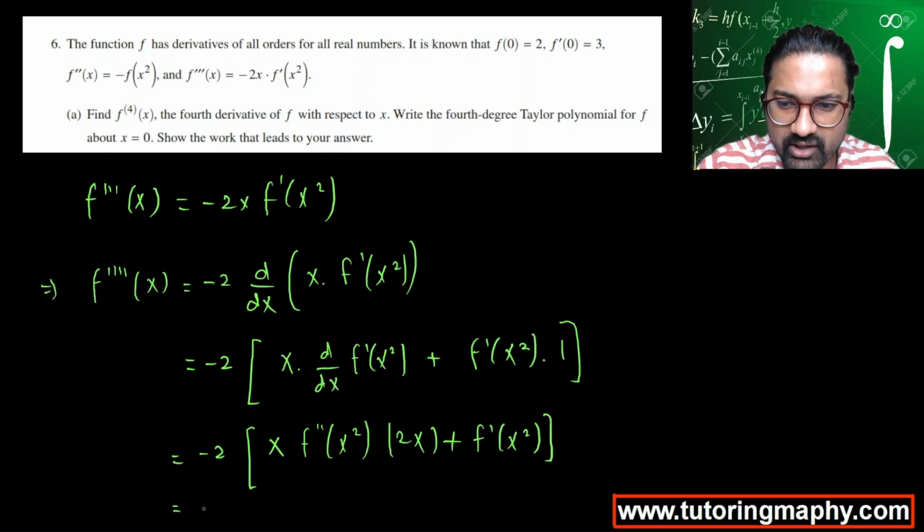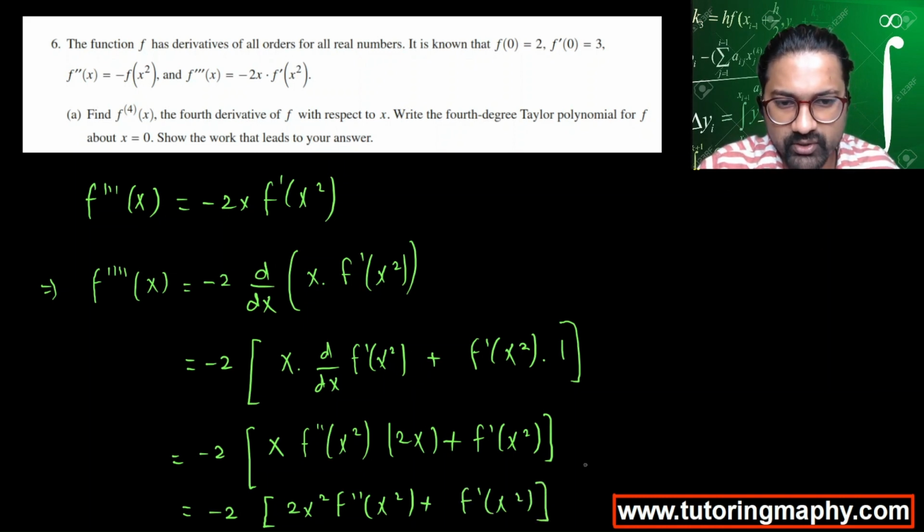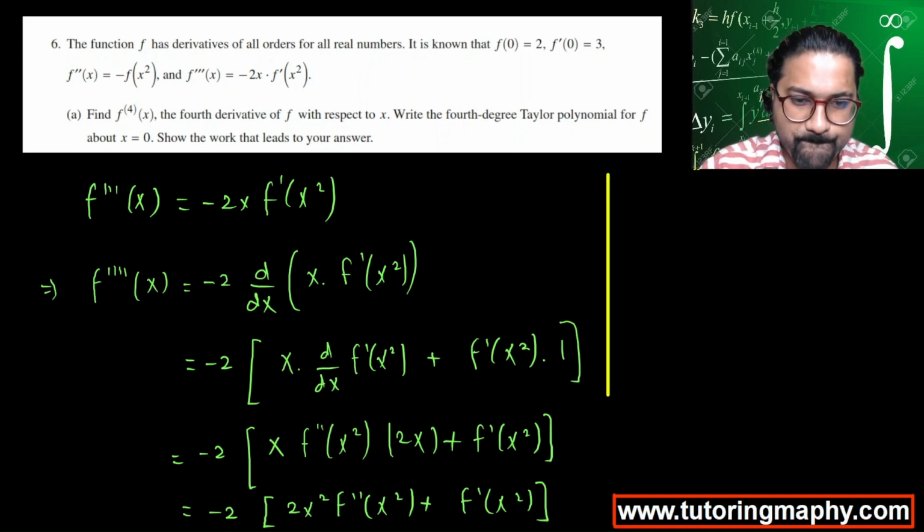Let's open everything up and write a single expression without the parentheses. Negative 2 and 2x times x is 2x squared: 2x squared f double prime x squared plus f prime x squared.